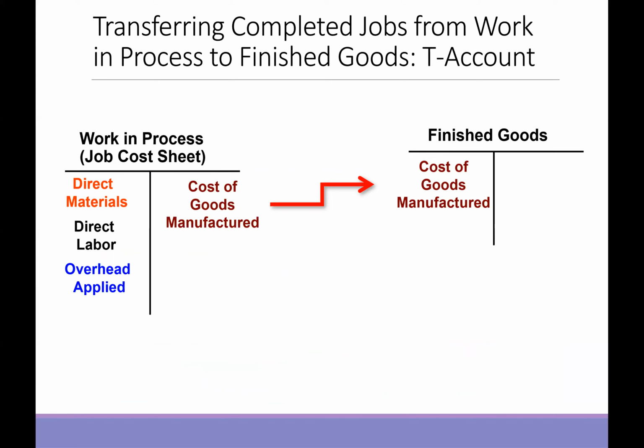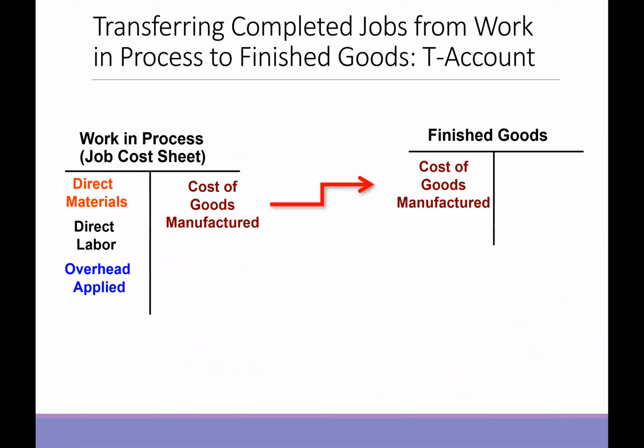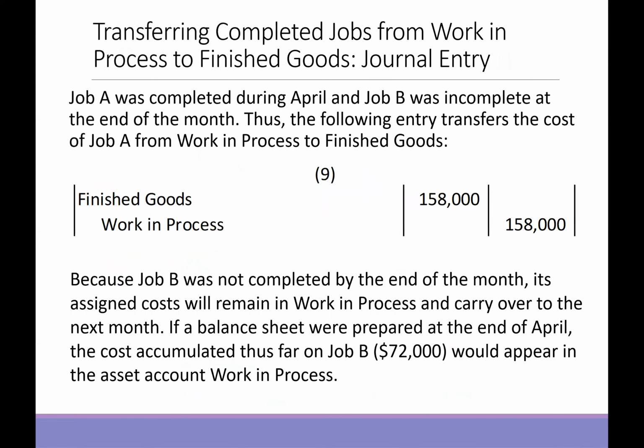So once a job is finished, we're going to transfer it out of work in process, and we're going to debit it to inventory called finished goods. Again, these are all inventory accounts. They're just sub-accounts of the big asset inventory. Job A was completed during April, and job B was incomplete at the end of the month.